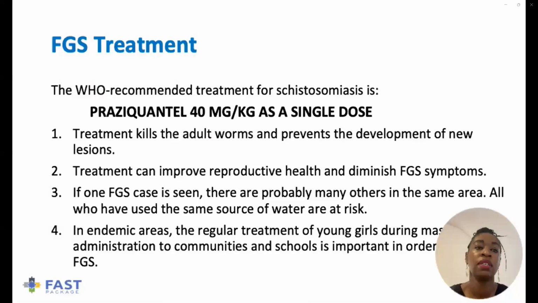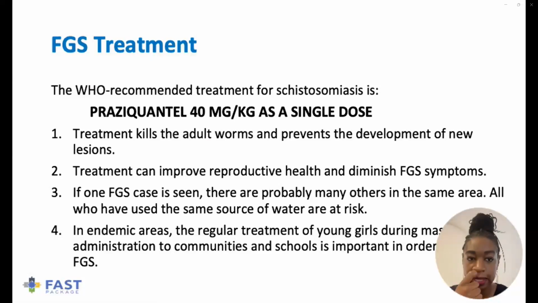So FGS treatment, we've talked about praziquantel at 40 milligram per kg as a single dose, and this treatment is usually to kill the adult worm and prevent development of new lesions. Treatment can improve reproductive health and diminish FGS symptoms.